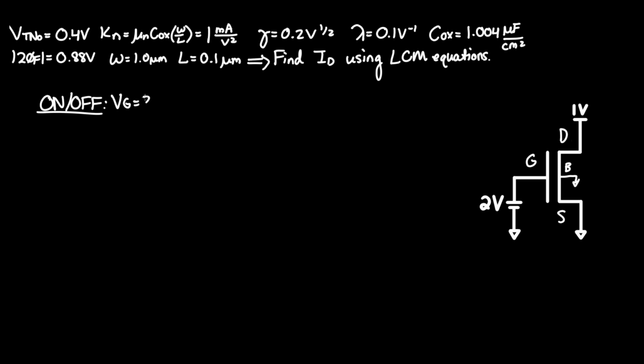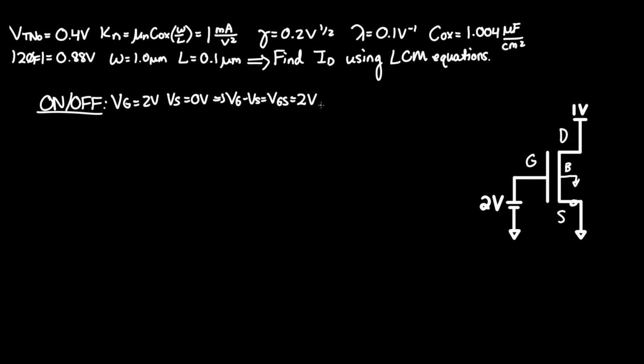We can call that 2 volts. And VS, which is this node down here, is automatically connected to ground, so we can call that 0 volts. Intuitively, VGS equals VG minus VS, which equals 2 volts, because 2 volts minus 0 volts equals 2 volts.